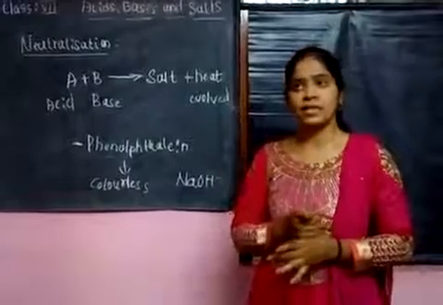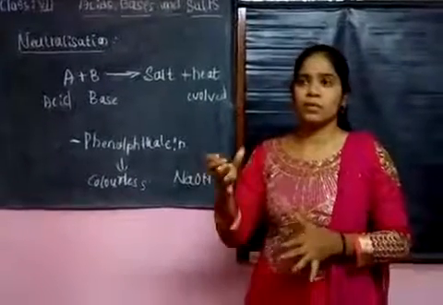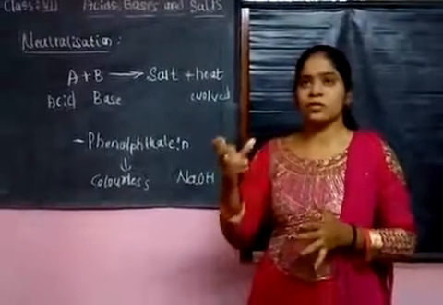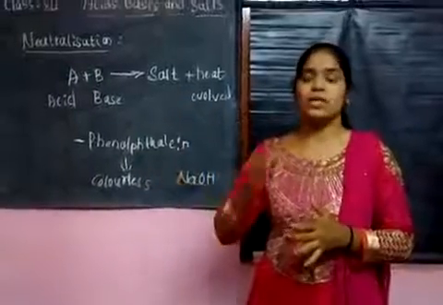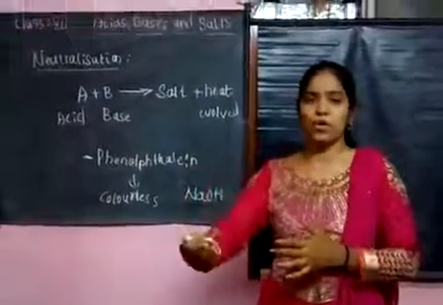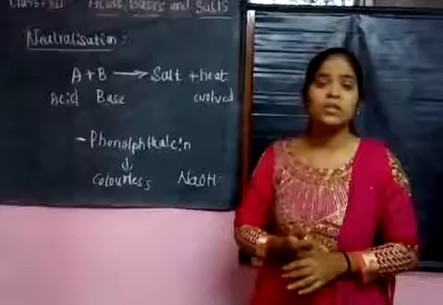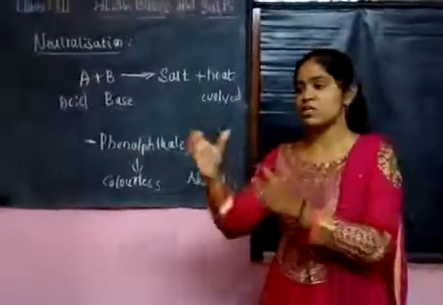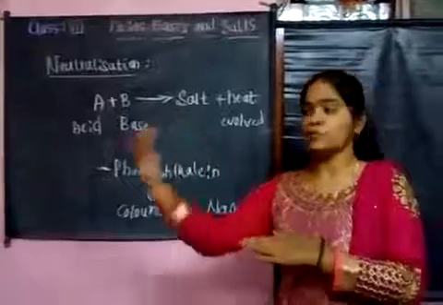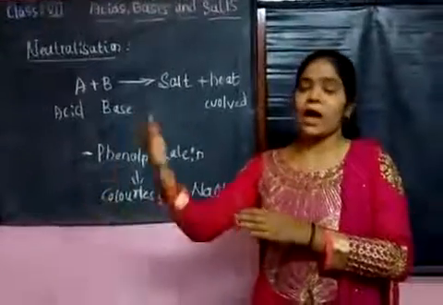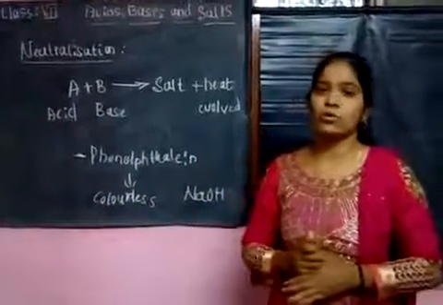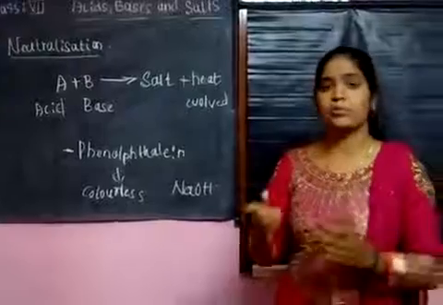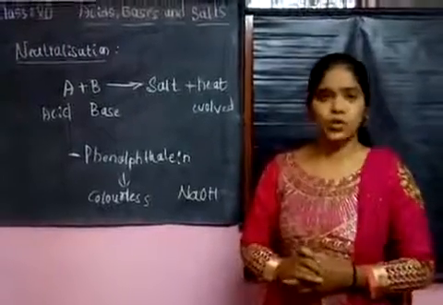And there will be some heat evolved, means some amount of heat energy is evolved and there is a formation of a salt. So what happens here, the acid is mixed with the base and forms a new salt, and it will release some amount of heat energy. That process we call neutralization.